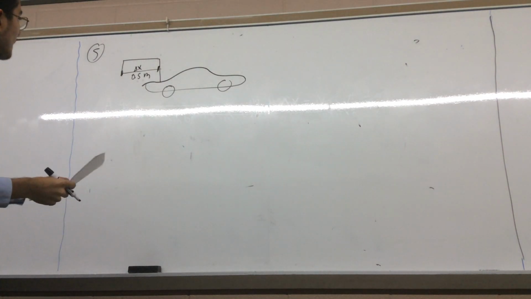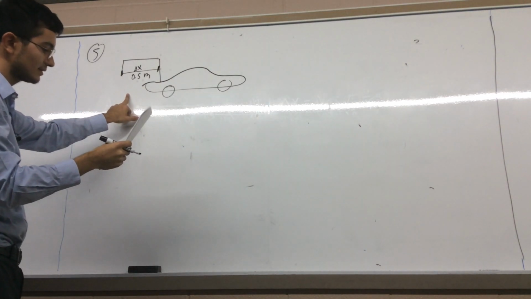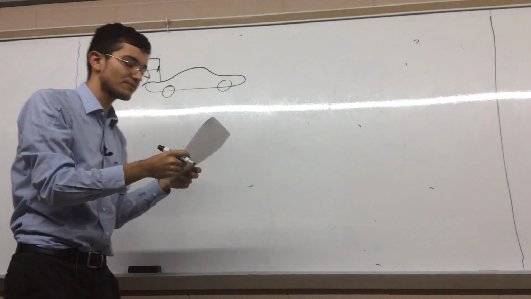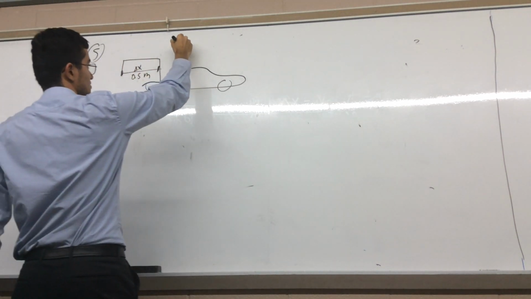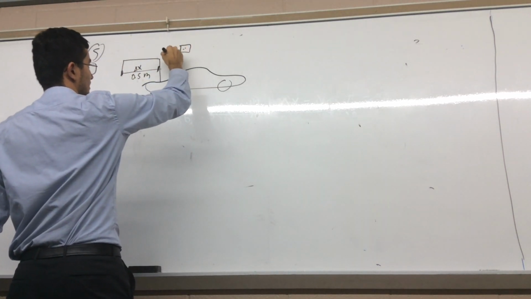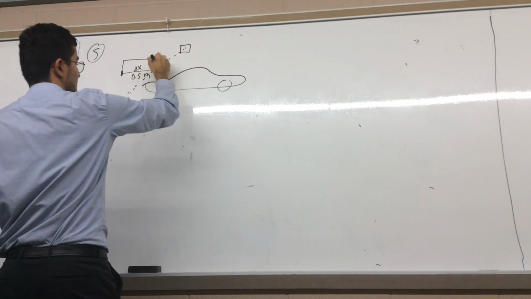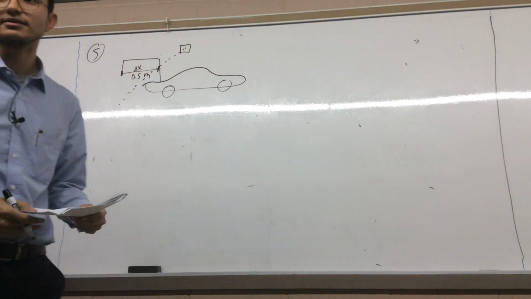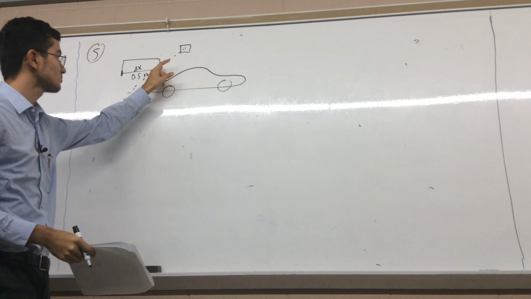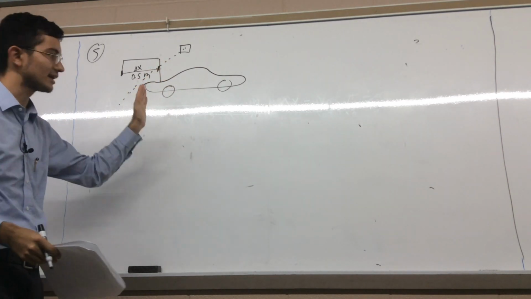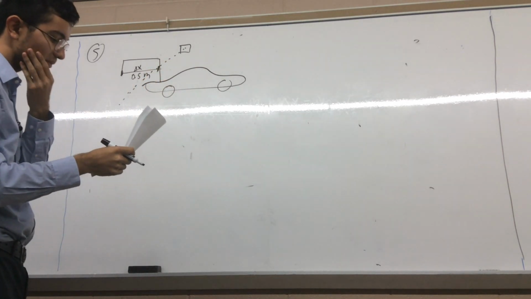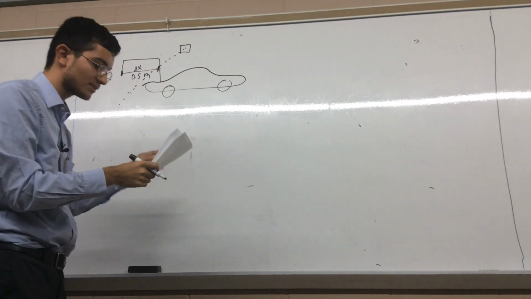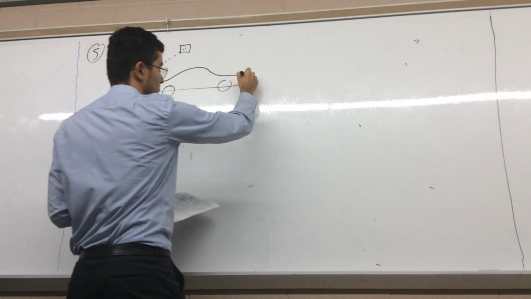Now, they tell us that the flag goes through a photogate. A photogate is something that measures position, right? It basically shoots a beam of light, and it detects when the beam of light is passed by.